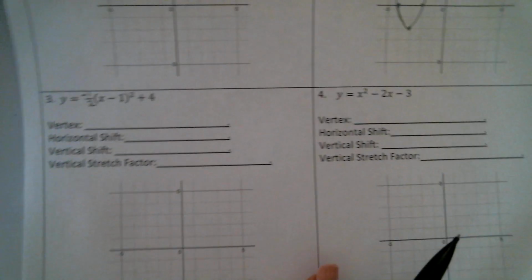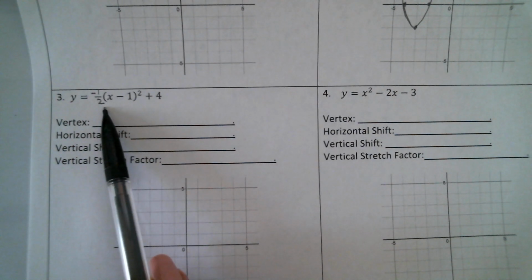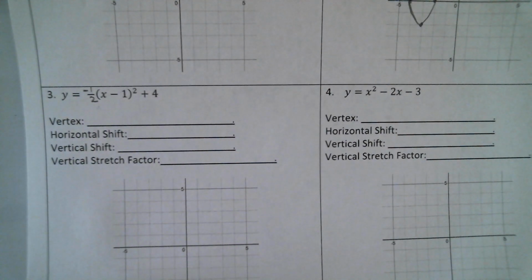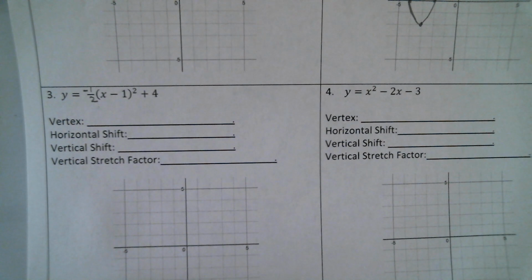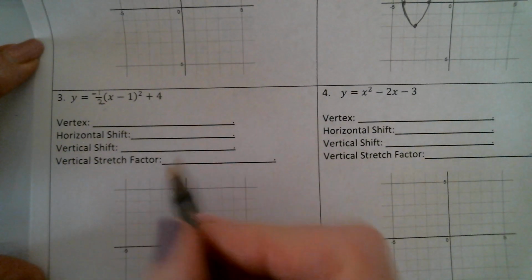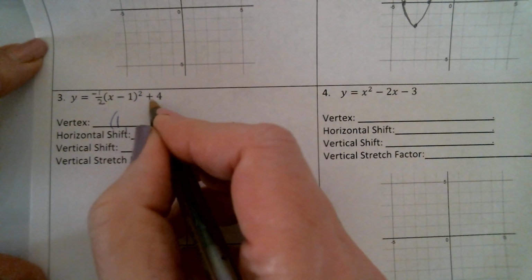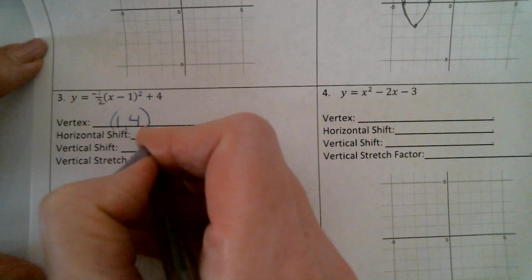This one I kind of modified from that worksheet and decided, well, let's make it a compression and reflect it. That's the negative part here, right? So if we look at vertex, it does have it in subtraction. So our vertex is going to be 1, and it is in addition, so that's 4.